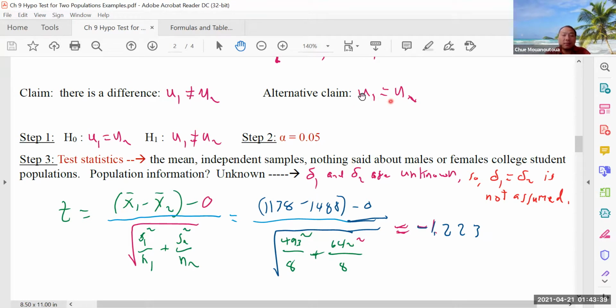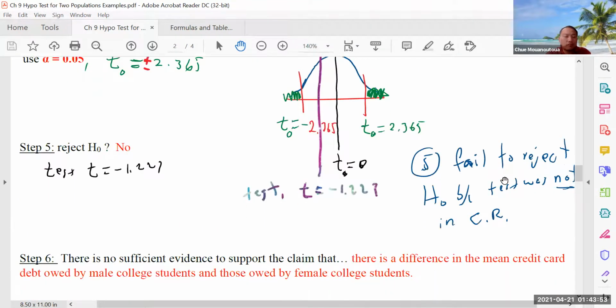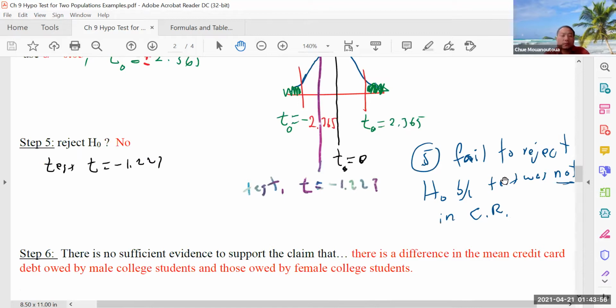So if mu1 equals mu2, that means there is no difference. So there is not enough evidence to support the claim that there is a difference between the average college debt owed by male and female college students.